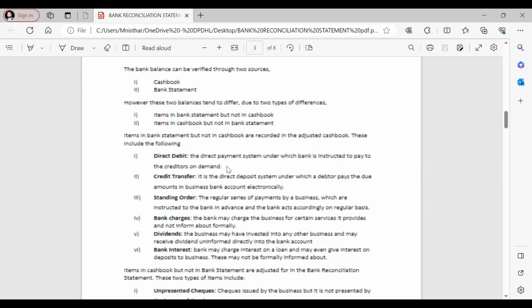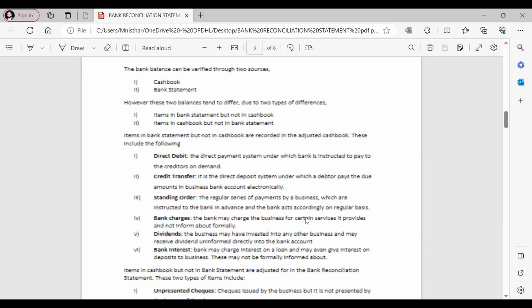You're paying the electricity bill every month, and it's a burden, so you tell the bank to pay. Let's say 10,000 for the electricity bill every month. Until you tell the bank to stop, the bank will keep paying every month. That is known as standing order payments.